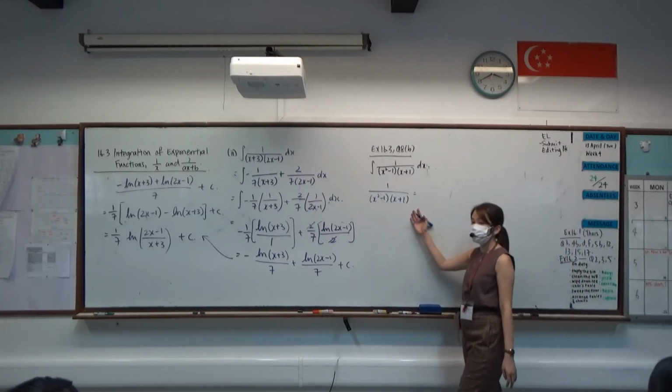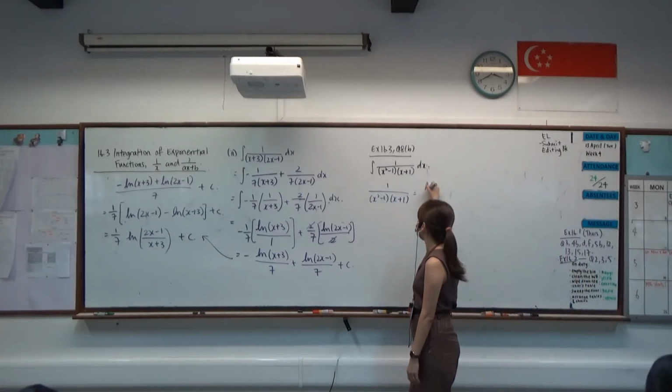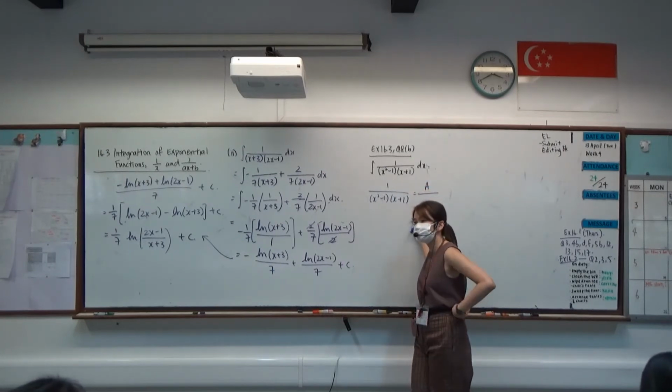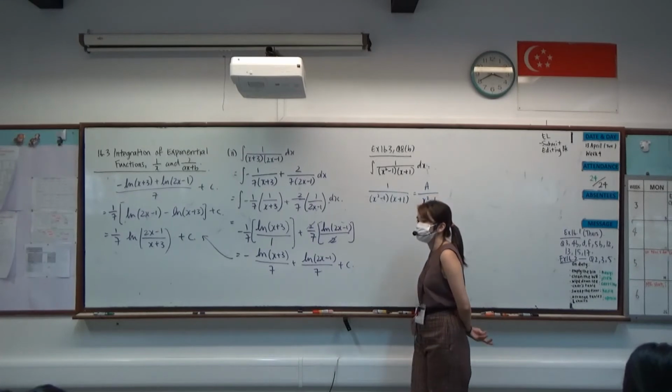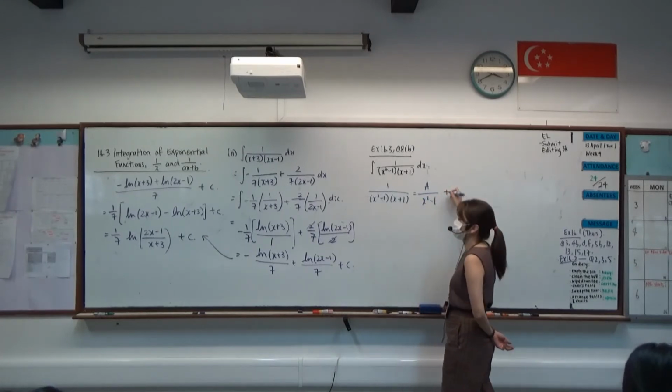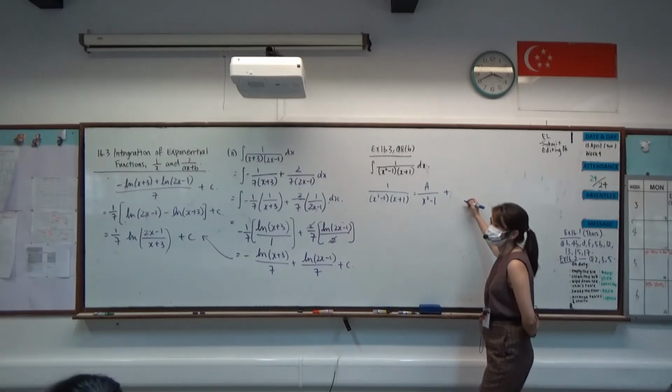How should I express this in partial fractions? A over, plus, what? B over x plus 1.